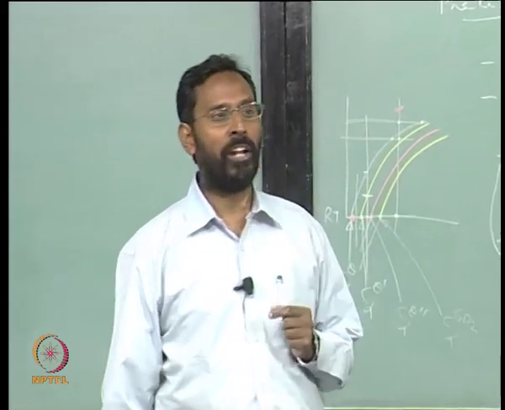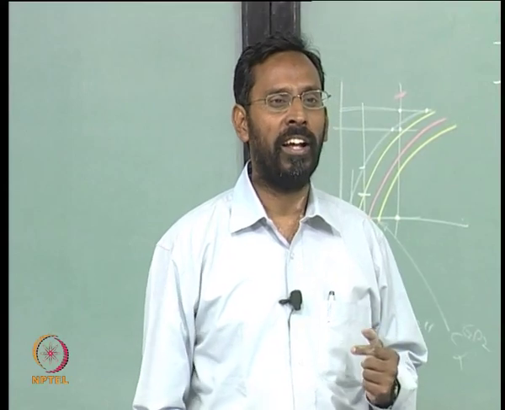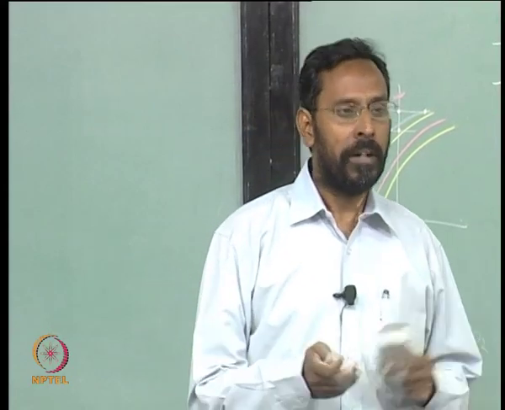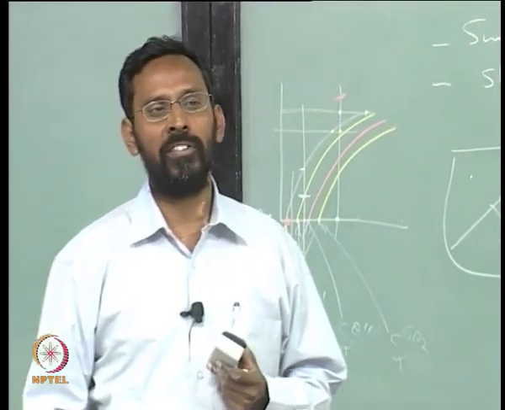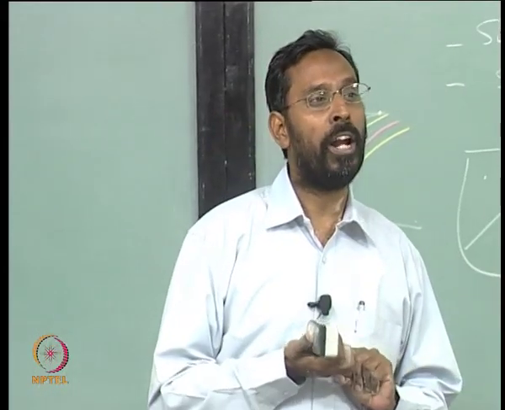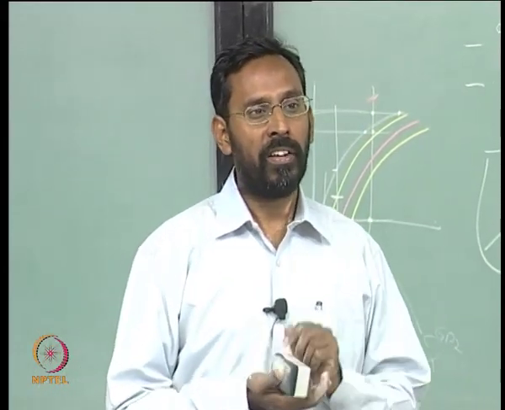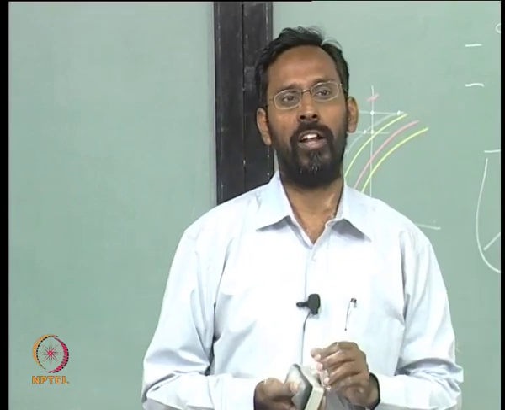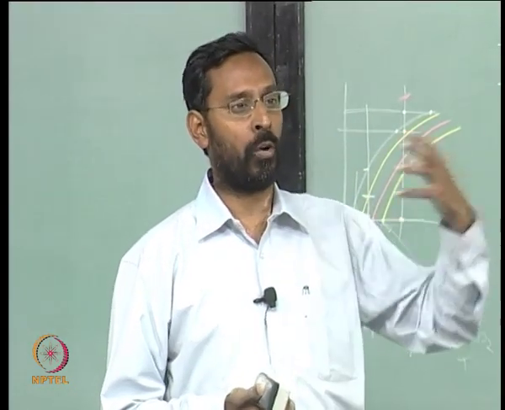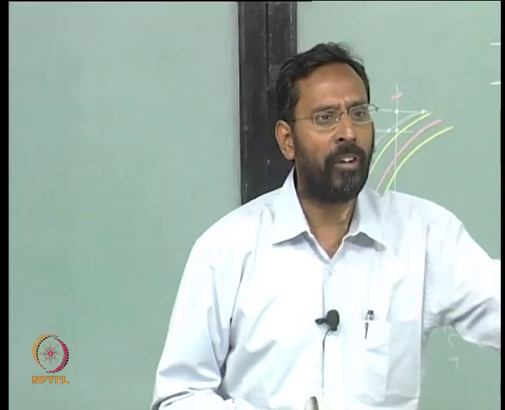And again I should tell you, because we are talking of strengthening, all of you know about precipitation strengthening. Whenever you have coherent precipitates, the strain energy associated with them, what is called coherency strains, can add to the strength.